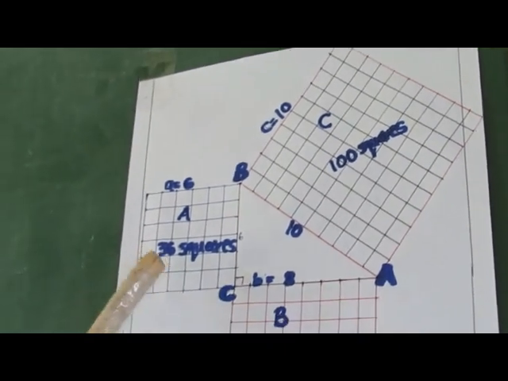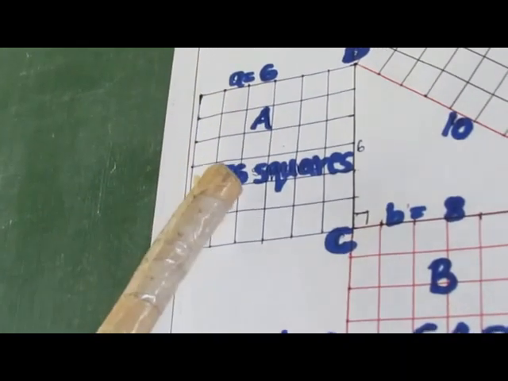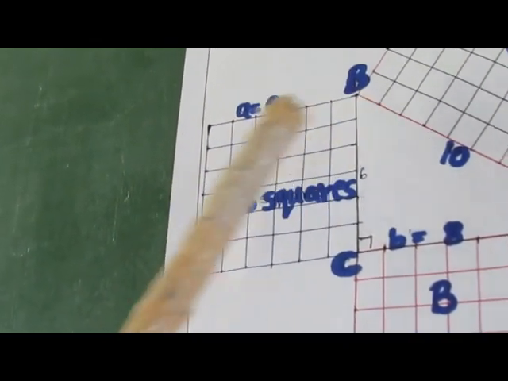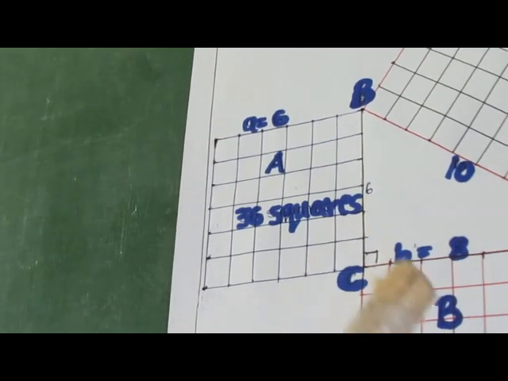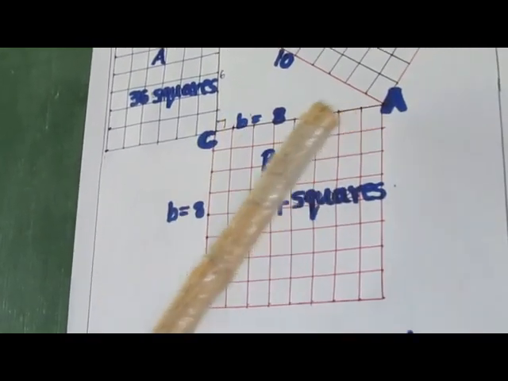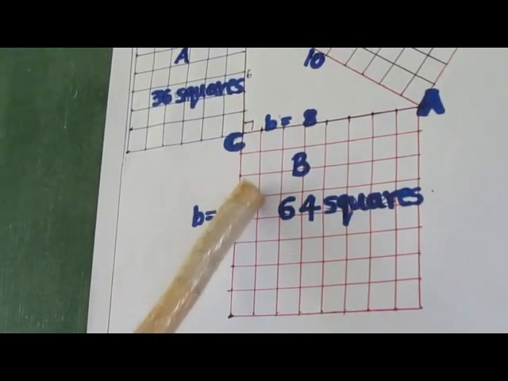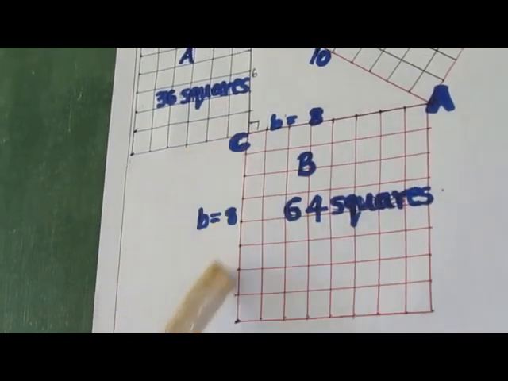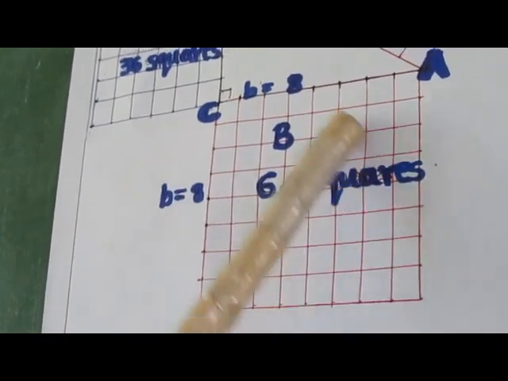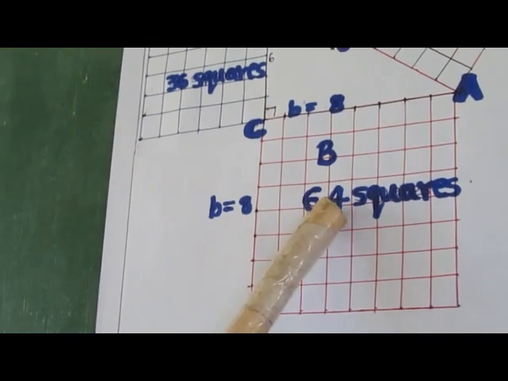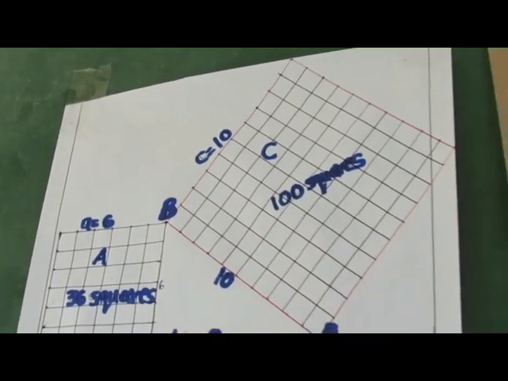Then let us come to the other squares. There is this square A here of length 6 centimeters. When you count these small squares, the total number is equal to 36. And the square B here, which is formed by the side AC of the triangle, when you count these squares, is equal to 64. Why? Each side is equal to 8 units, so 8 times 8 is equal to 64. So 64 squares plus 36 squares, you get 100 squares.